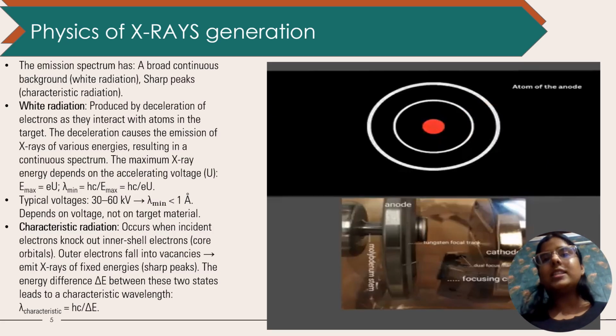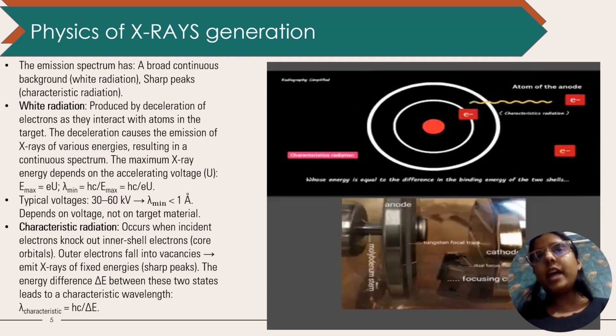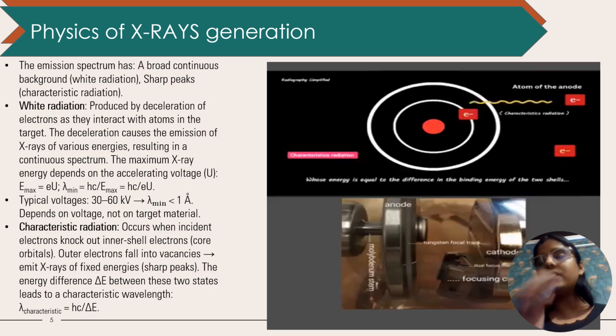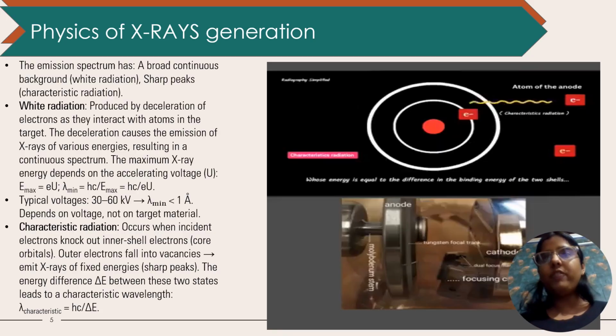As you can see, the energy is very precise, so the energy released corresponds to the difference between these two orbitals, and that is why the wavelength is very precise. So these are the two types of radiation produced in the form of X-rays.